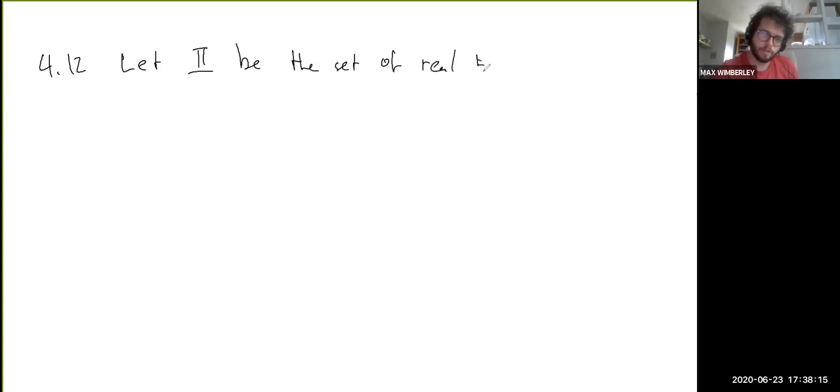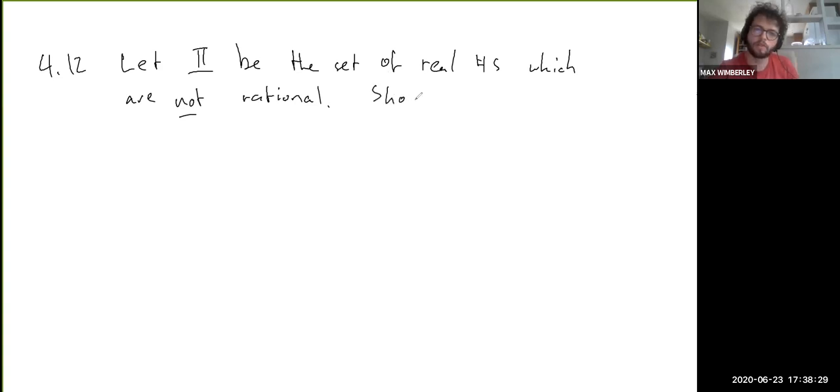So this is 4.12 in the book. Let I be the set of real numbers which are not rational. So these are the irrational numbers.